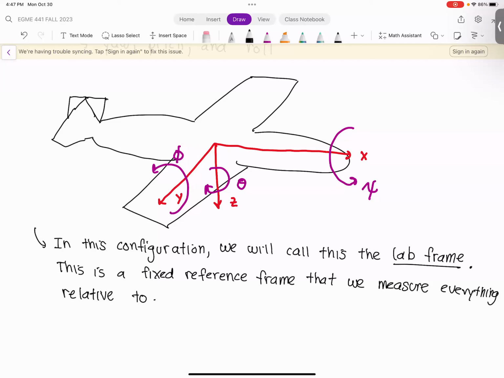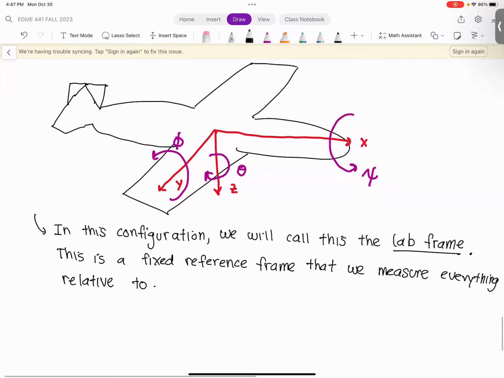So you can think of this as standard X, Y, Z. You're going to see me use the term lab frame a couple times, so you just want to make sure that you know what that means.